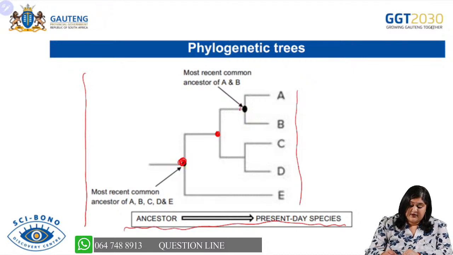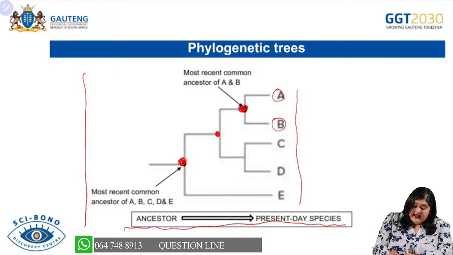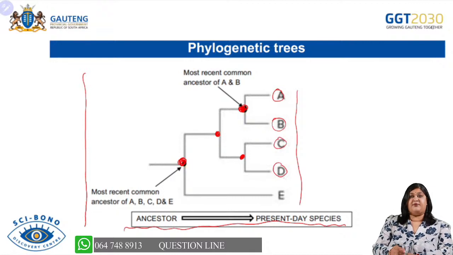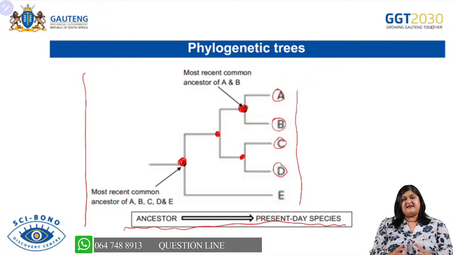Then we reach a common ancestor again, but this common ancestor at this point, before the next branch, is the most recent common ancestor of A and B. And at this point, we have the most recent common ancestor of C and D. E had already branched off from the first common ancestor. So I want to explain this again because this is the crux of the whole thing. Okay, it gets a bit complicated, but this is the basics that you need to understand.